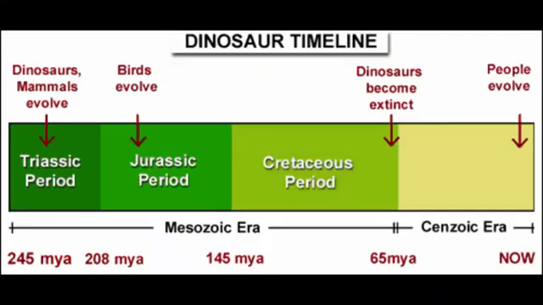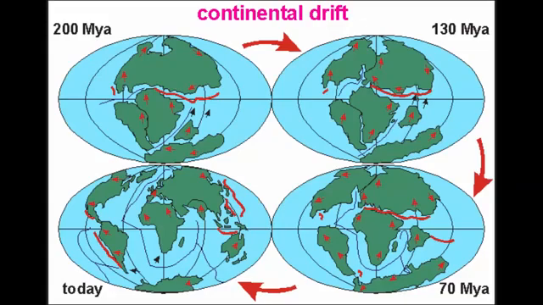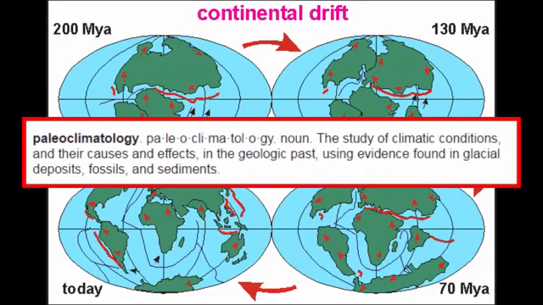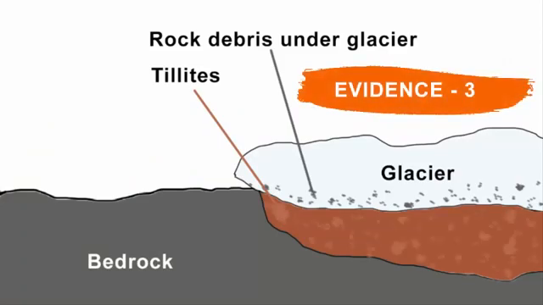Since it is not possible to go back in time to see what climates were like, scientists use imprints like these that were created during past climate to conclude that continents are really drifting away. Oh, by the way, just a quick info: paleoclimatology is the study of past climates. Therefore, tillite forms the third evidence in support of the continental drift theory.